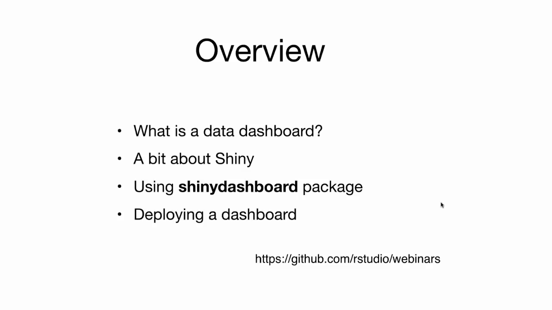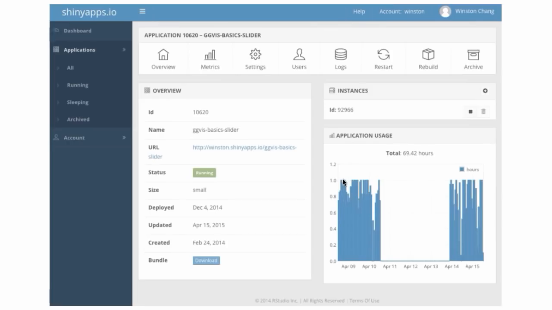All right, so dashboards in general. Dashboards have become pretty common on the web these days. And here's one example of it. This actually is a dashboard for our shinyapps.io service. And you can see it presents the information efficiently so that you can quickly get a sense of what's happening.